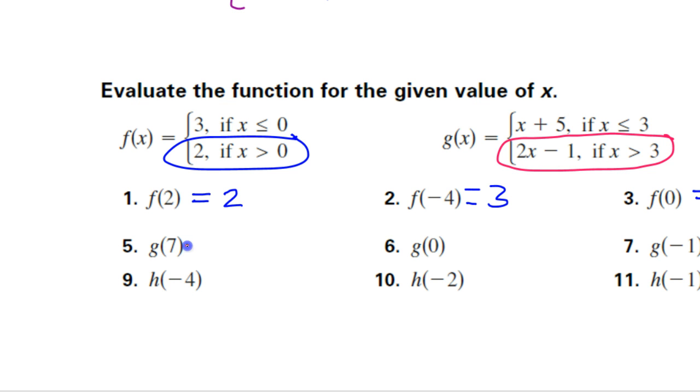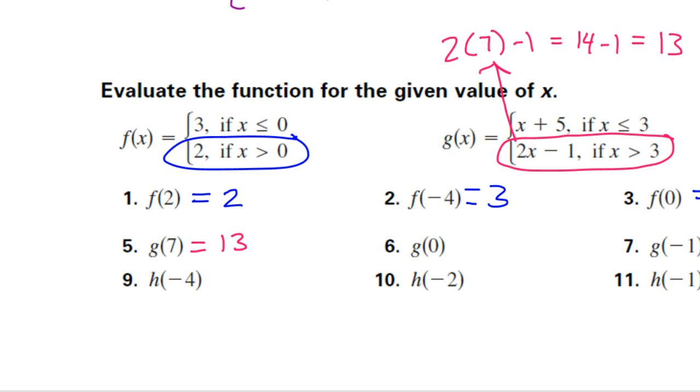So, since I'm doing the value of 7, that would be 2 times 7 minus 1. Well, that is 14 minus 1, and that is 13. So this would be 13.